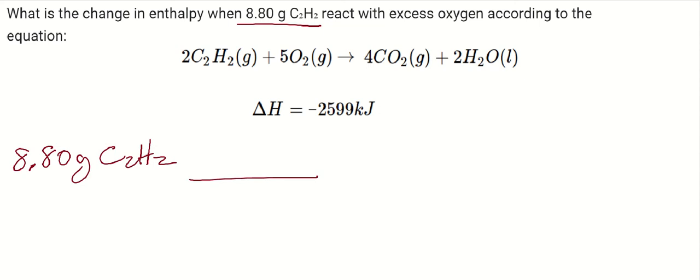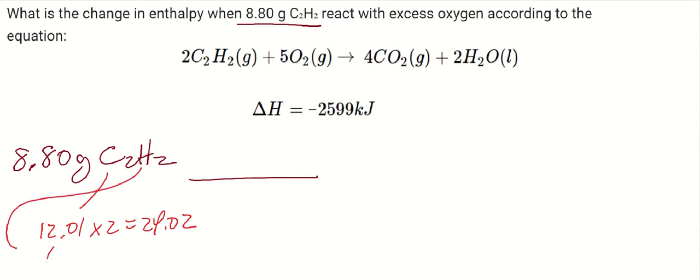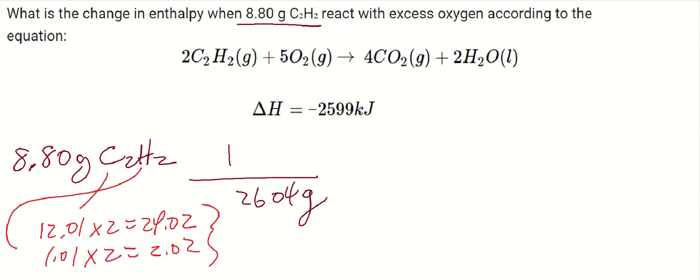Carbon has a molar mass of 12. Let's go with more precision than that: 12.01 times 2, that's 24.02 grams per mole. And then the hydrogen, 1.01 times 2, 2.02. Add them up, and you're going to get 26.04 grams per mole.